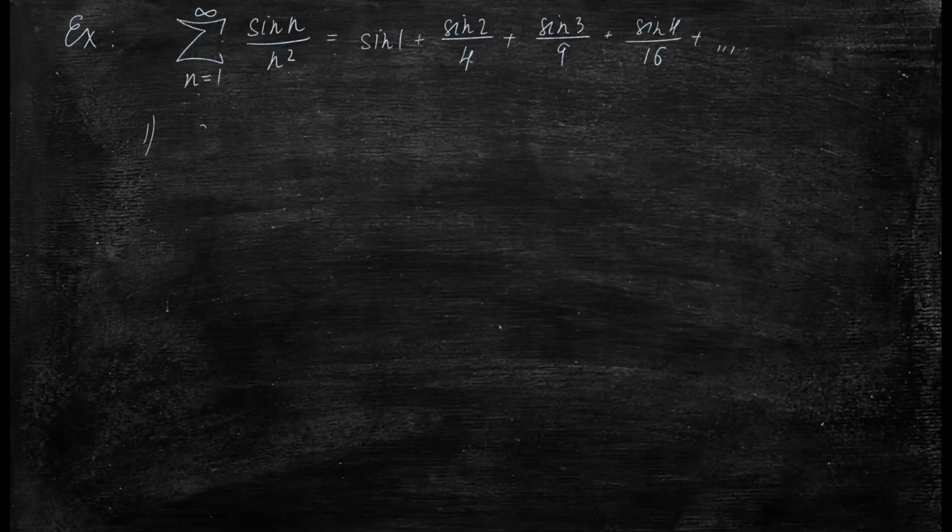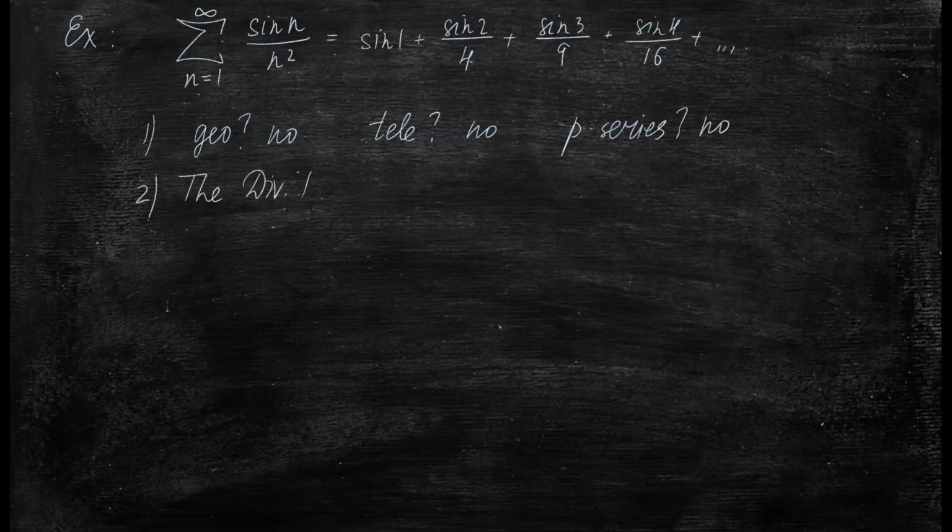So first we're going to try to identify this as a geometric series. It does not look so. Is it a telescoping series? The answer is also no. Is it a p-series? The answer is also no. So it's none of the three. So now we set up the divergence test, and we do that by setting up the limit, hoping that this limit is not equal to 0, and then we'll be done.